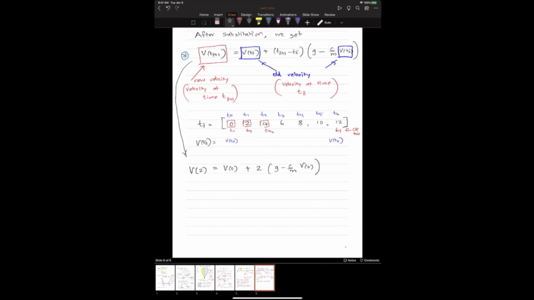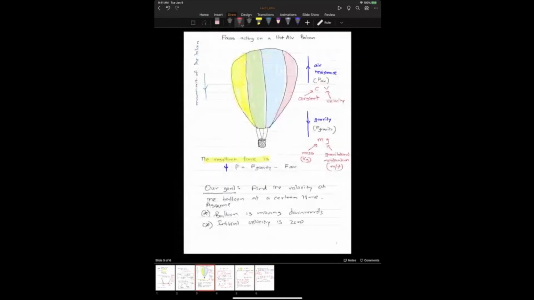For the very first time, this is called the initial condition. Now we need to know the initial velocity. If you go back to my problem definition, I said our goal is to find the velocity of the balloon at a certain time. And we also assumed, importantly, that the initial velocity is 0.